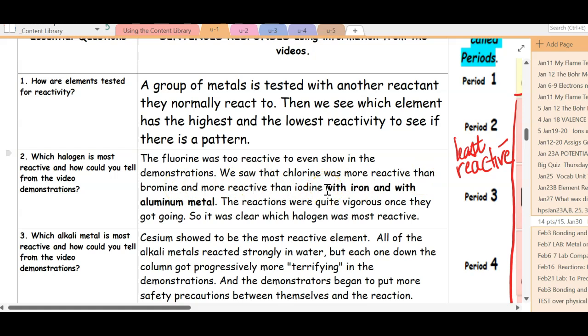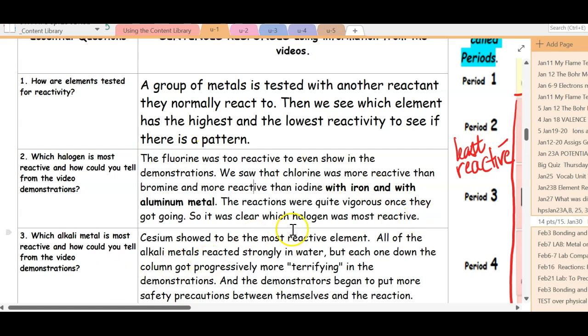With the two substances they tried, one was with iron and the other was with aluminum metal. The reactions were quite vigorous once they got going, so it was really clear which halogen was the most reactive. All right, fluorine at the top, least reactive iodine.